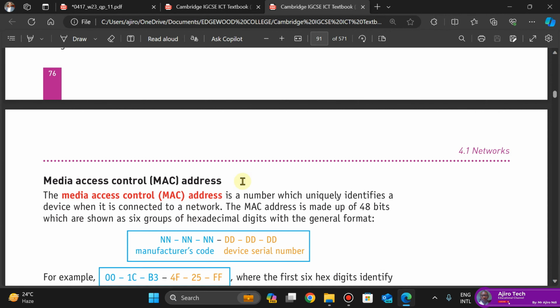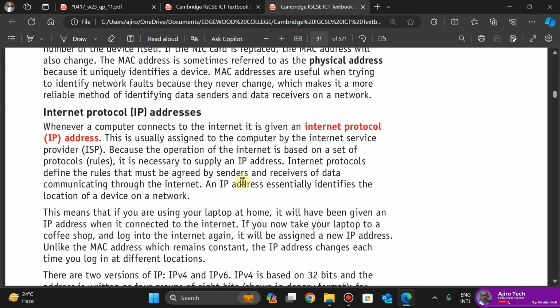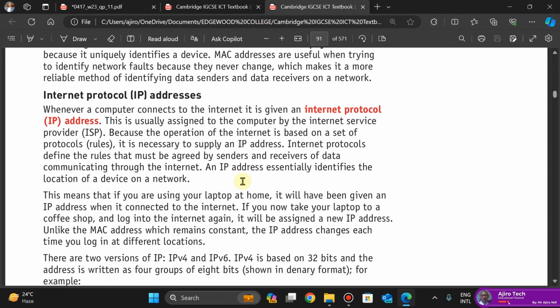Now for your internet protocol, whenever a computer is connected to the internet, it is given a unique address. In this case, it is given by the Internet Protocol address. That's why an address is being given to you.